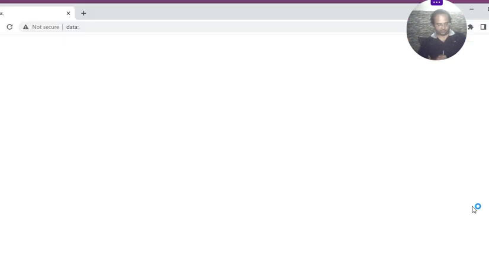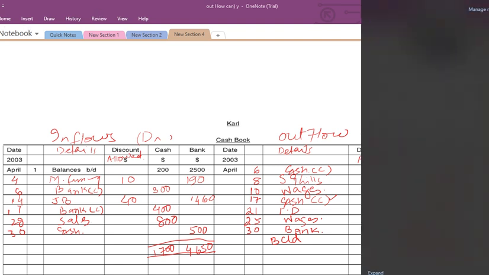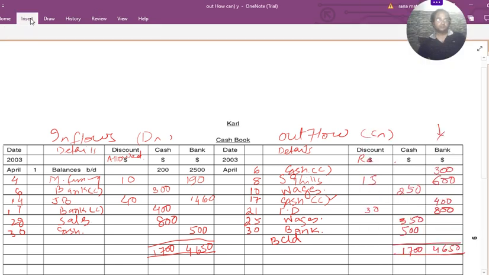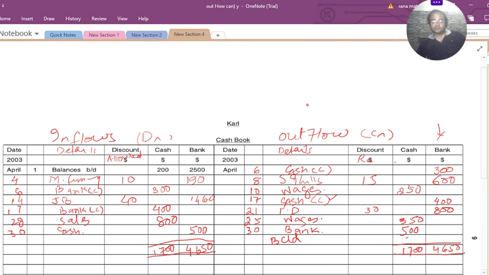The balance carried down amount is 600, and here 2560.